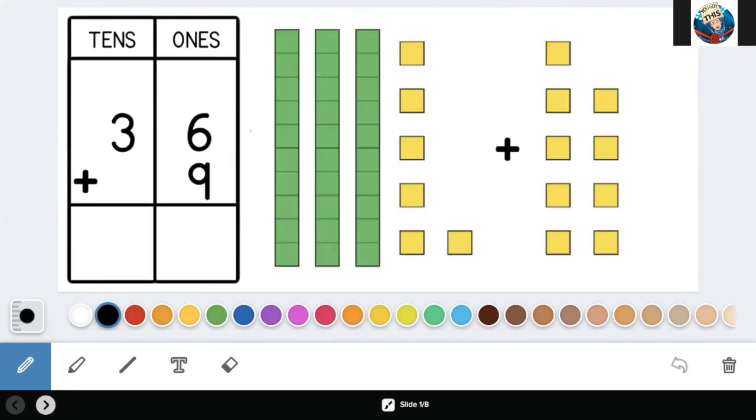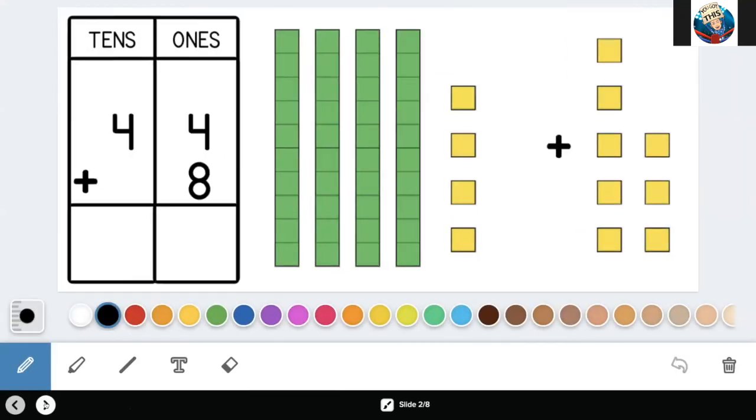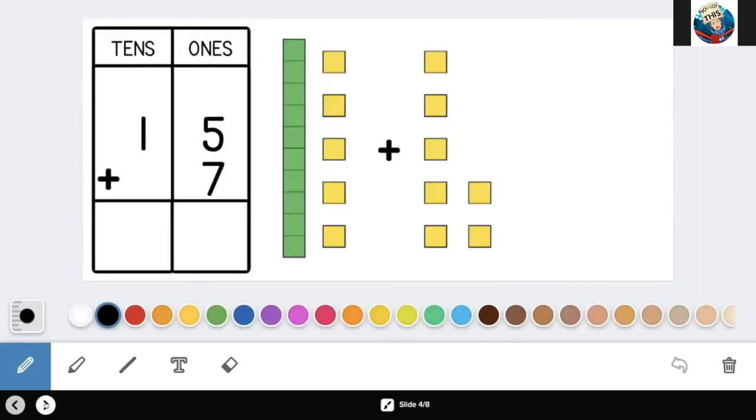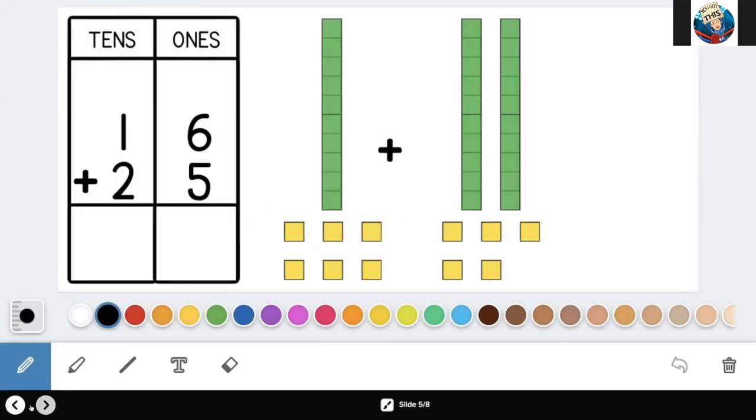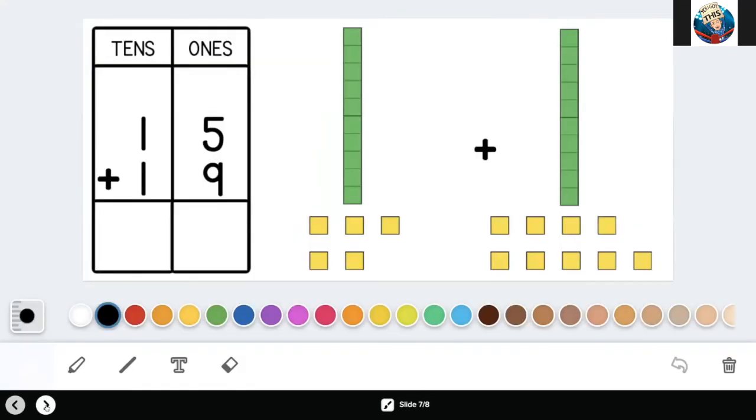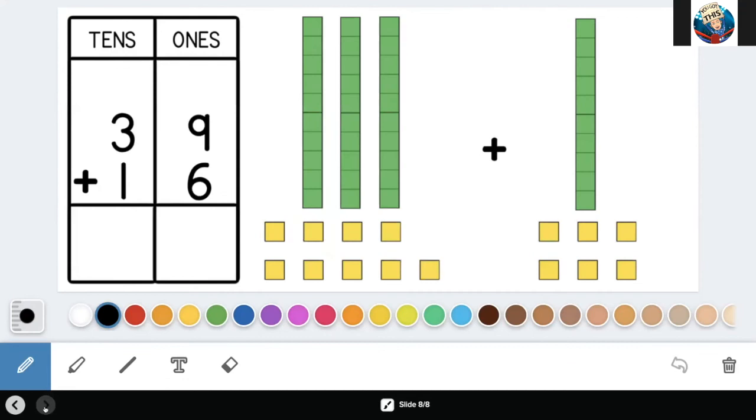All right, so here is your homework. You have 1, 2, 3, 4, 5, 6, 7, 8 questions. 4 of them are a double digit plus a single digit, and the other 4 are 2 double digit numbers. There will be regrouping.